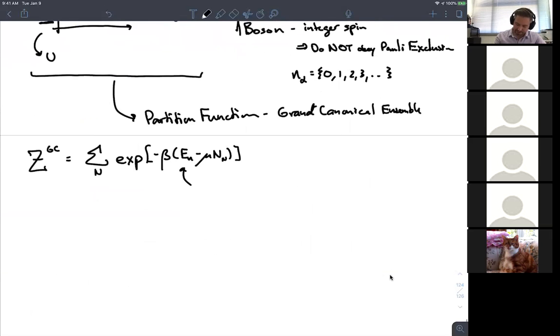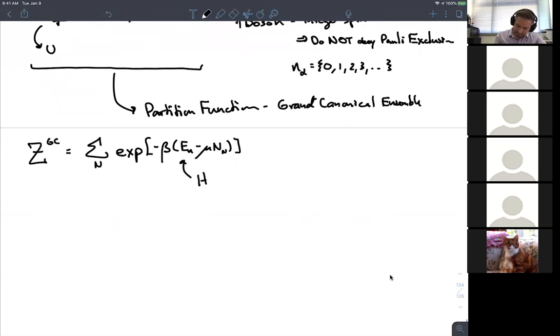So in general, our Hamiltonian was equal to the values of our energy levels times the number operators acting on our eigenstates of the Hamiltonian, which are just the collection of the occupation numbers of each energy level.